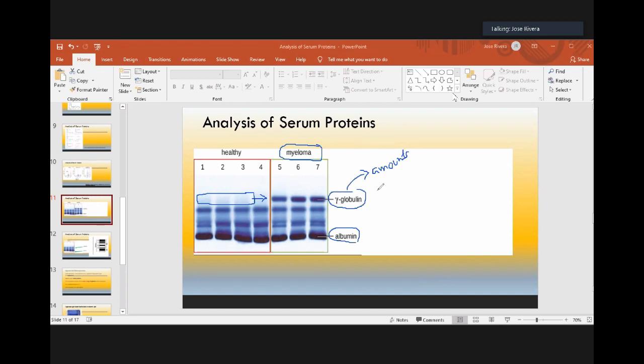If for any reason you see a gel where the amount of albumin is lower than normal, but everything else is the same, then the problem with this person is going to be some condition affecting the albumin, which we don't need to know any names for. So just remember, this is the pattern that you get when you run an agarose gel.